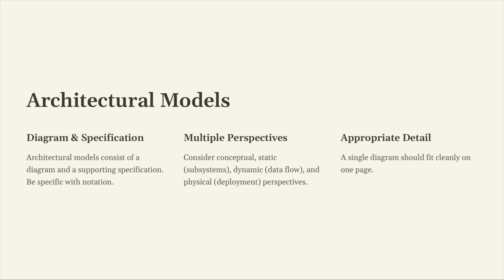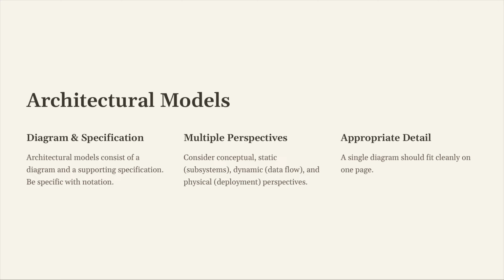Architectural models are visual representations of a system design. They typically include diagrams and specifications, multiple perspectives, and appropriate detail. Diagram and specification. The diagram provides a visual summary, while the specification explains the details. Multiple perspectives.